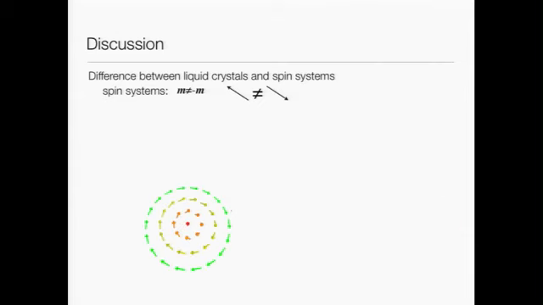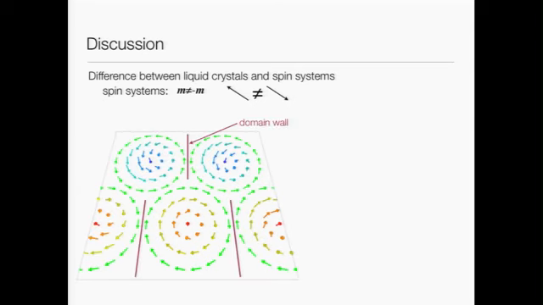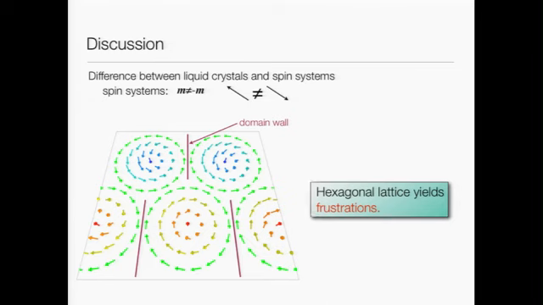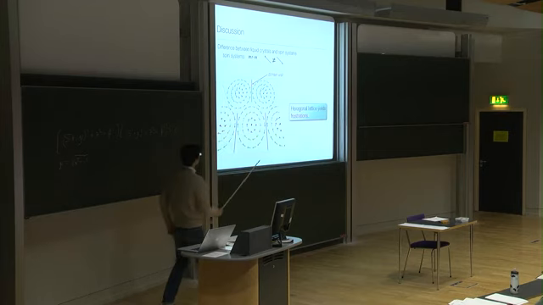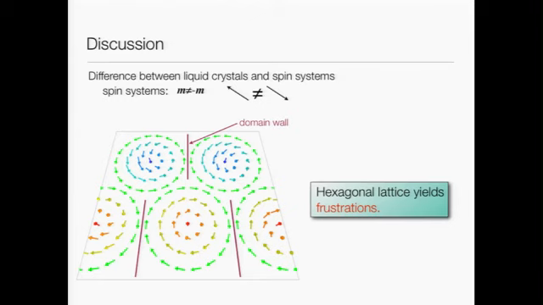But when we want to arrange the same skyrmion excitations in a spin system, which distinguishes head and tail in the order parameter, it can be clearly seen that the introduction of domain walls is inevitable. That means the hexagonal lattice of these skyrmion excitations in a spin system is somewhat frustrated.